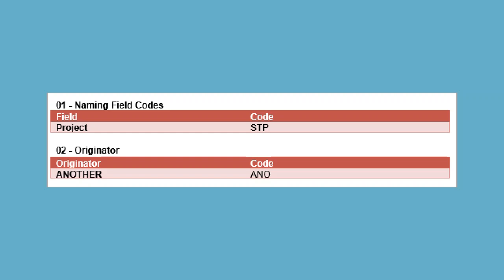If the originator is known as another consultancy, then we would use ANO. But I can stress that 3 or 4 numbers or letters can be used. These 2 fields need to be agreed in advance so that they remain constant with every team member.